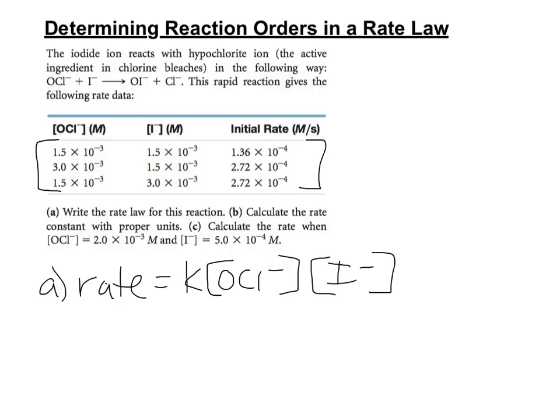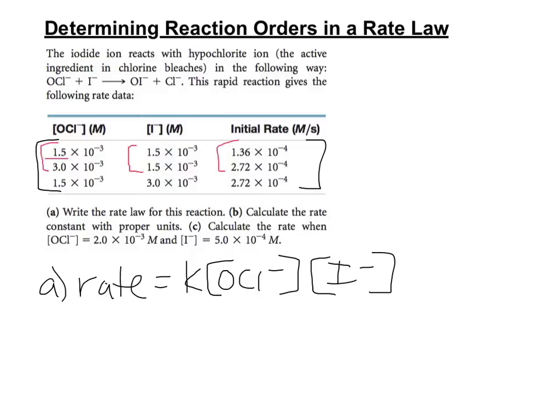Well, here we have to look at the concentrations. In the second concentration, I minus is staying constant, so while it stays constant, we can look at how the rate for OCl minus changes, and see how the rate corresponds to that change. We go from 1.5 times 10 to the negative third to 3 times 10 to the negative third. That is a doubling of the concentration.